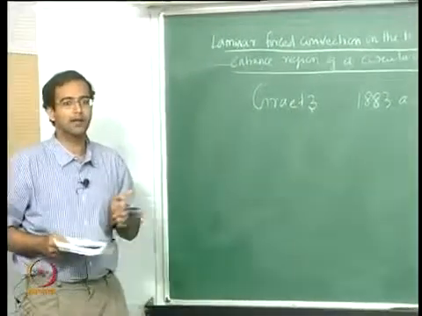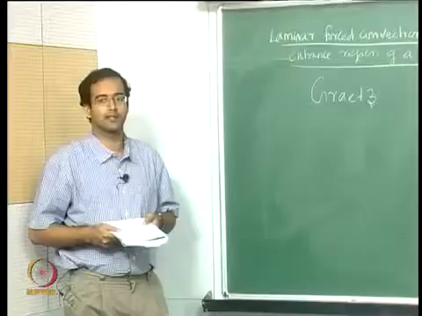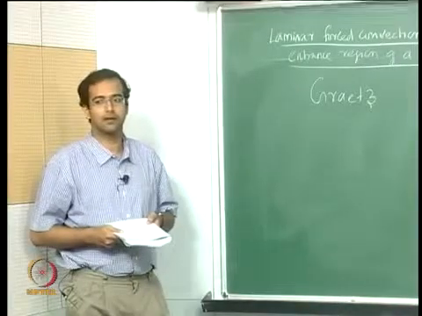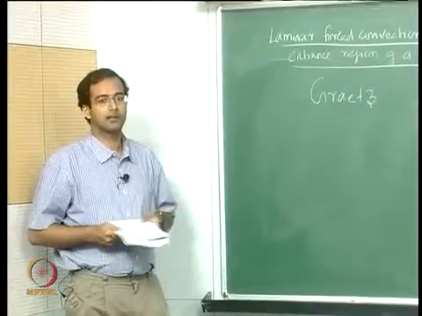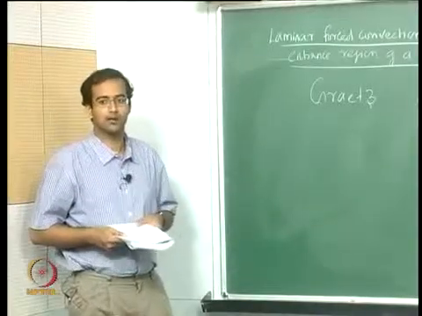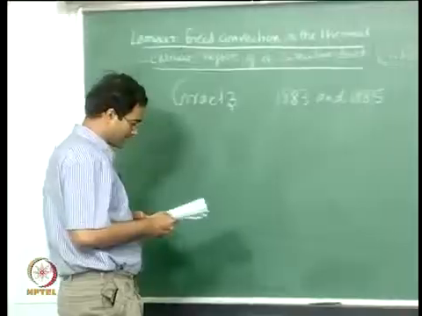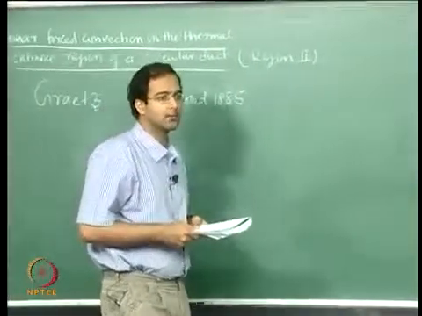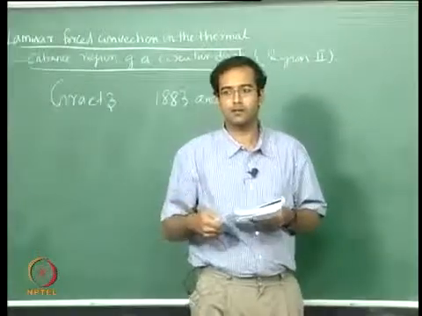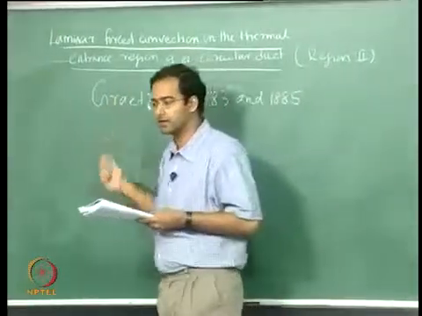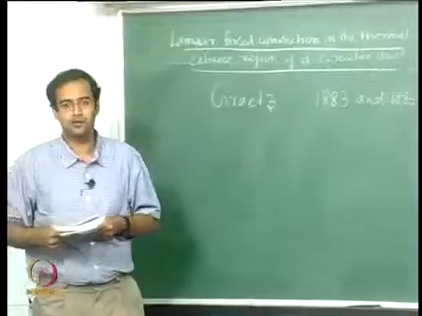Later on people extended the Graetz solution to other generic cases where you can have a parabolic velocity distribution and other boundary conditions such as constant wall flux and so on. In fact there is a person called Sellars, and I have also uploaded a document on Moodle yesterday, so you can have a look at it, where the Graetz solution was extended by this group of people.